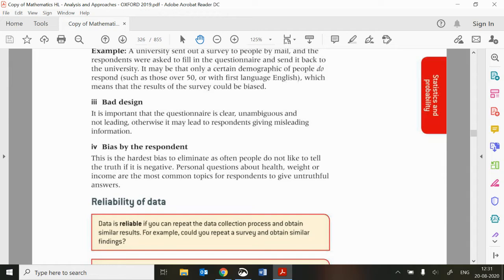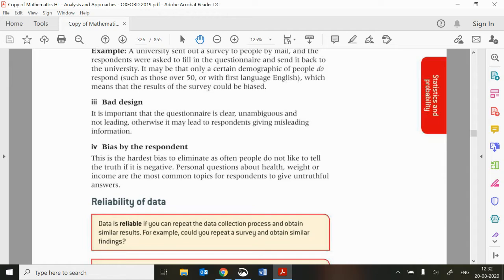It's suggesting that this is the right way to think. Don't you think that you should vote Labour in the next election? That suggests that Labour is the obvious choice. Why would you choose anything else? You'd have to be crazy to do that. So that would be a bad design. That would be a case of a leading question.